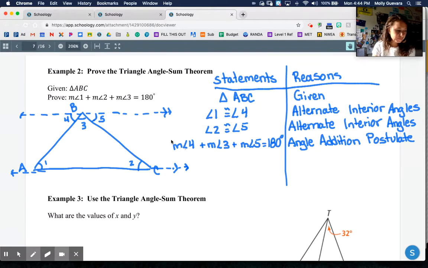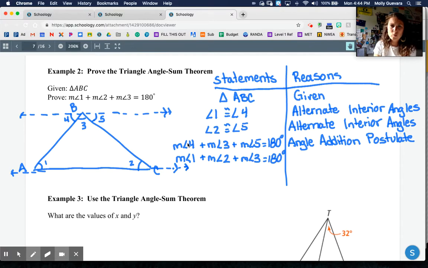But angle 4 and angle 1 are the same. So instead of angle 4, can I write angle 1? Yeah, right? Measure angle 1 plus, I'm going to shift the order around here. Angle 5 and angle 2 are the same. So can I write angle 2 instead of 5? Yeah. And then angle 3 is fine in there still. So all I did here is I substituted values in.